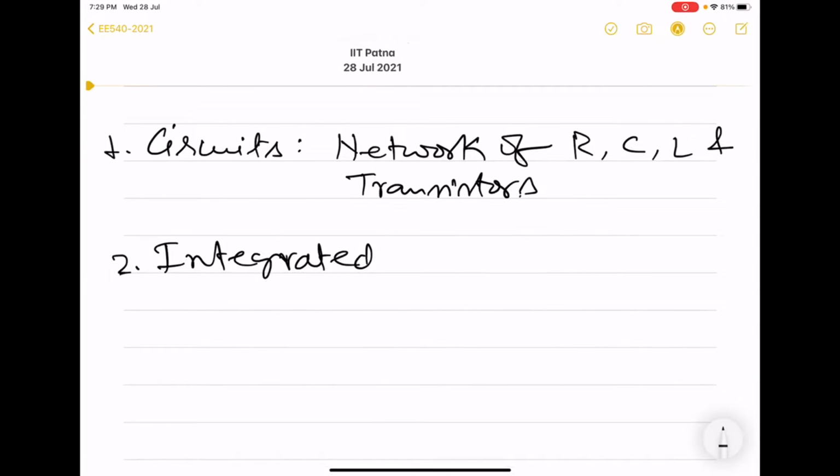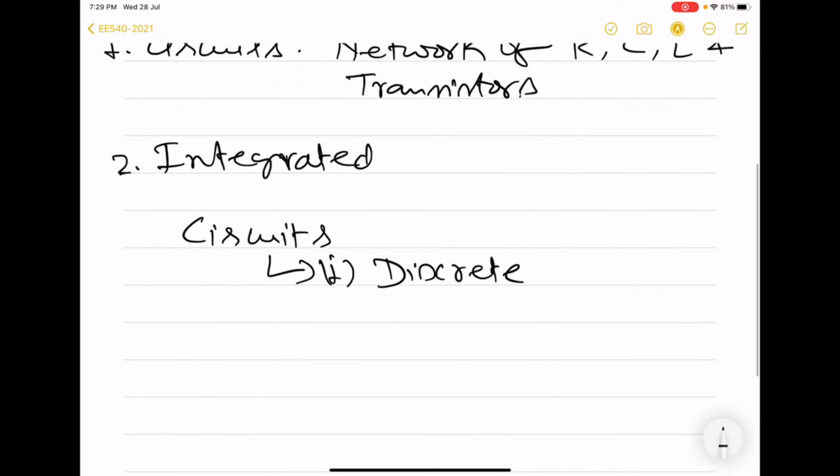So it implies that there are different versions of circuits. If you see circuits, they come in two major versions. One is discrete, and second is what we are going to talk about, integrated.